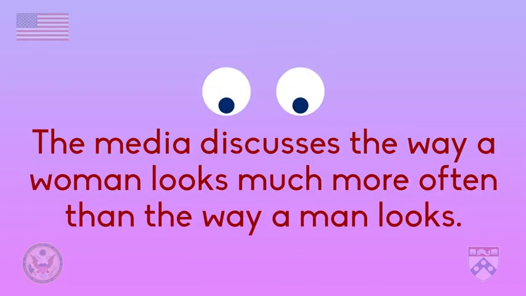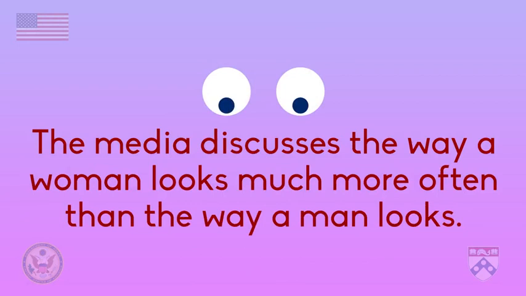Some of those words, like pregnant and mother, are connected to the roles that the media often shows women in. The words aged and older focus more on the way the woman looks and not on their athletic ability. The media discusses the way a woman looks much more often than the way a man looks.